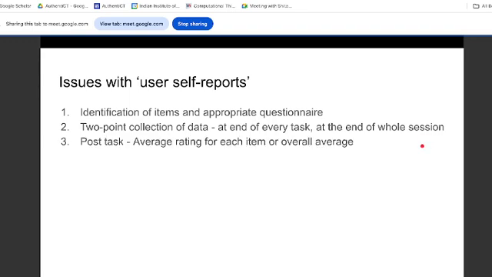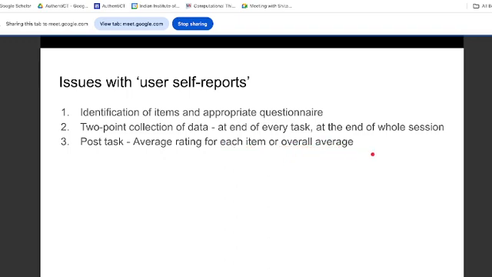In the post-task, that is at the end of every task, you can take the average rating for each item, or the overall average of the entire system can be calculated from the rating for each item.